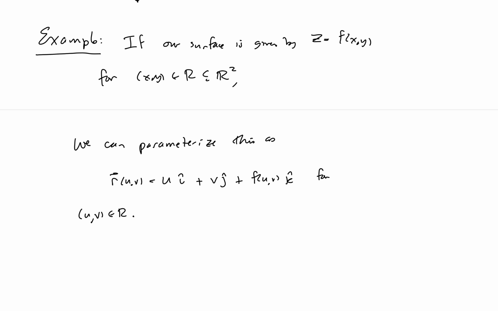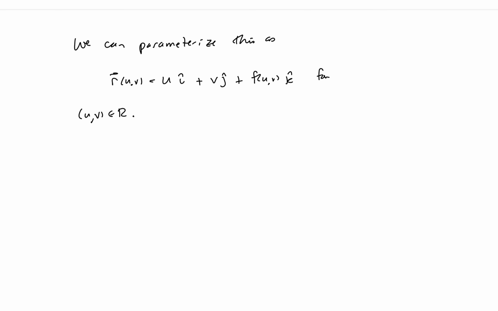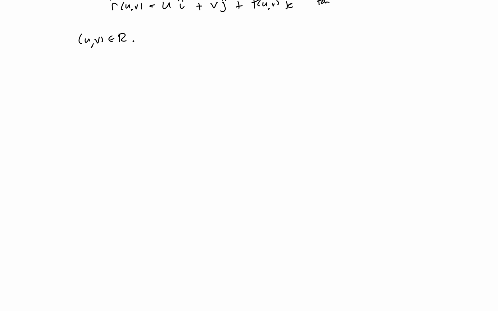And we'll see some other surfaces as we go as well, but that's just a quick refresher on parameterizing surfaces. So now let's use these parameterizations to figure out a nice way to calculate our flux integrals.